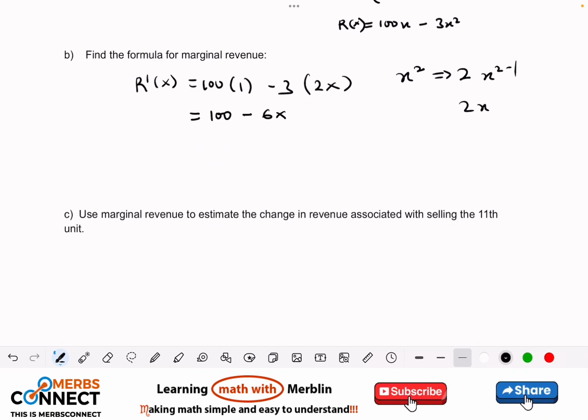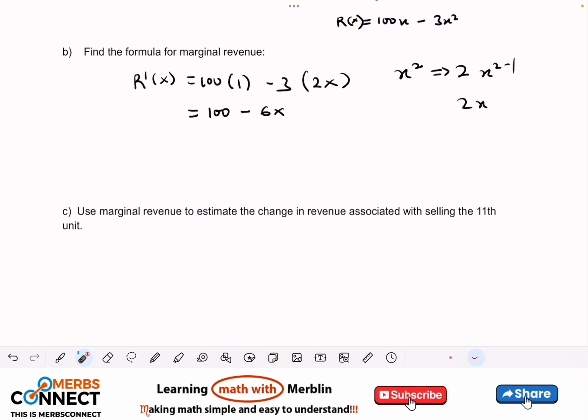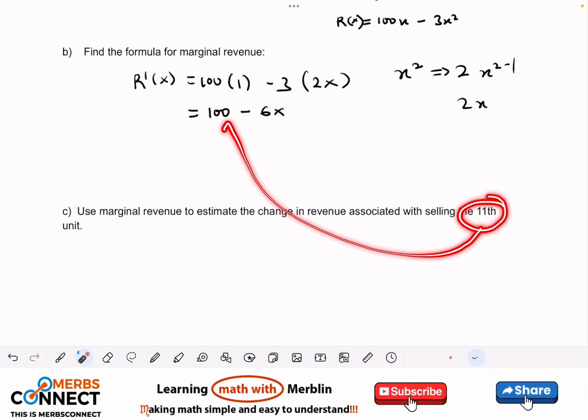Let's look at part C. Here, we want to use the marginal revenue, which is this, to estimate the change in revenue associated with selling the 11th unit. Now one trick that you need to learn from here: since we want to use this, it means that we just need to plug what is here inside the function.